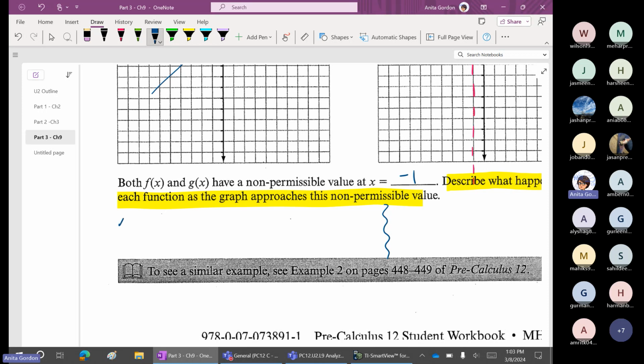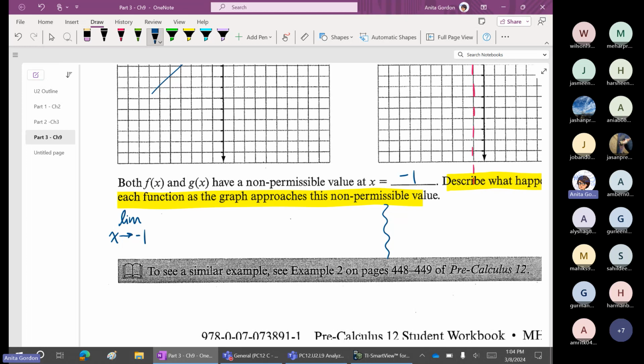We say the limit, shortened to lim, as x approaches, so we just point the arrow and then write the number of the point we're interested in. So as x approaches -1, that's what this little symbol is saying. We want to make an observation: what happens on the left side and what happens on the right side.